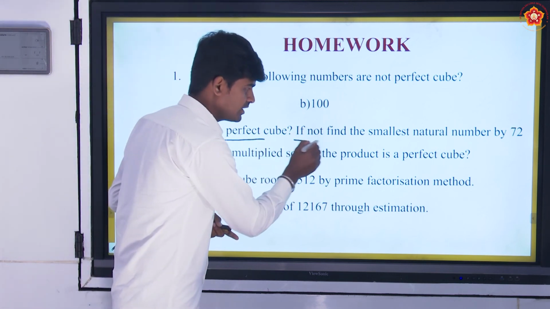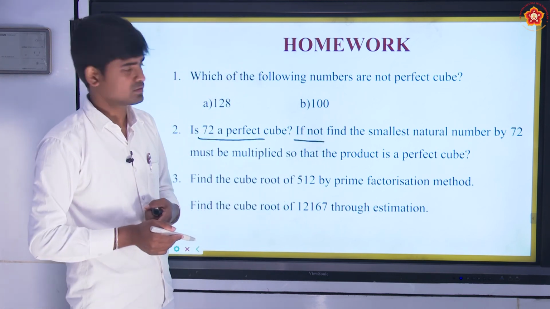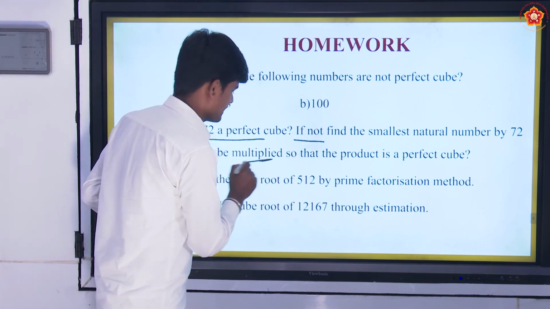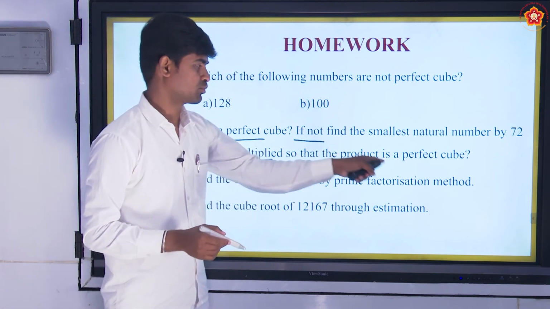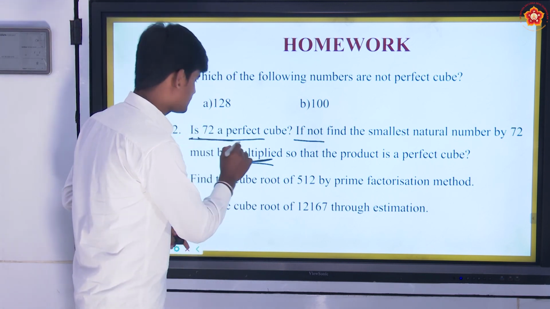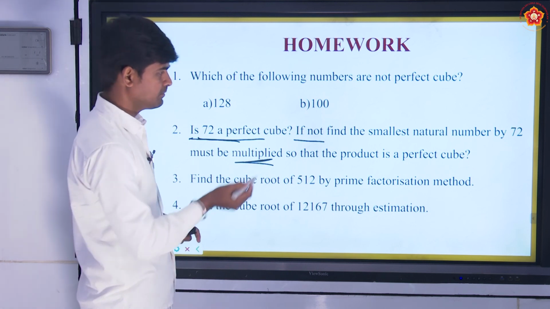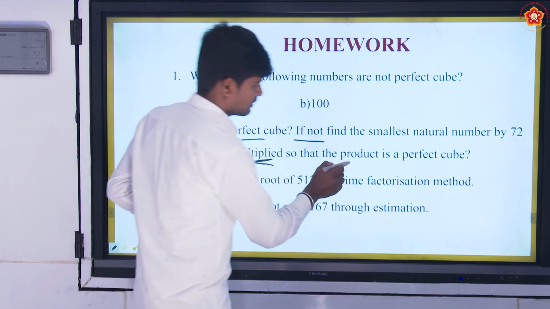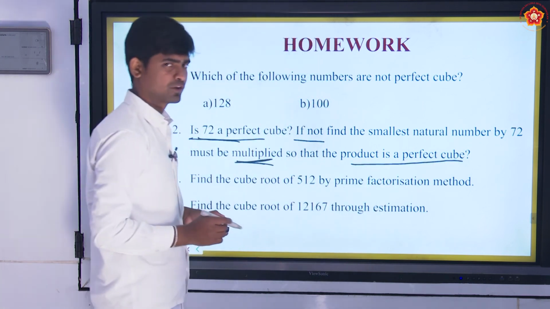If it is not, find the smallest natural number by which 72 must be multiplied so that the product is a perfect cube.